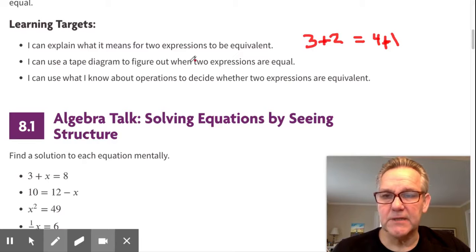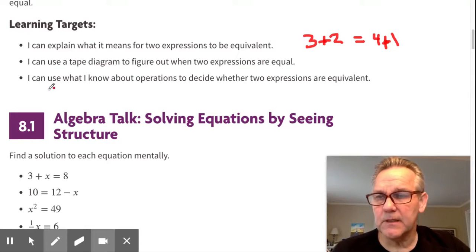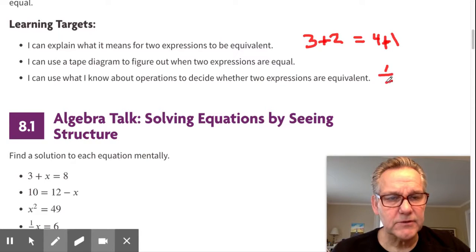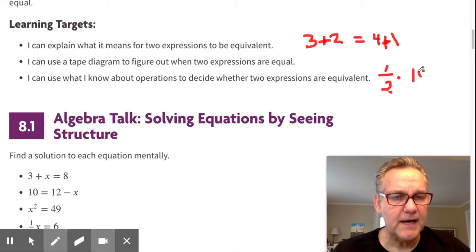I can use a tape diagram to figure out when two expressions are equal. We did a bit of this when we worked with ratios and proportions, and we'll continue to do that. So we can use a tape diagram to see if they're equal. And I can use what I know about operations to decide whether two expressions are equivalent. Again, something we've talked about several times. We've talked about the fact that multiplying by a half is the same as dividing by 2.